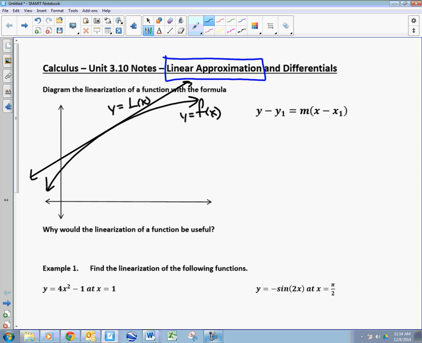Is that line the same as the curve? No. However, if I zoom in to a very close area, are they approximately the same? Every single curve may be approximated by a line so long as you zoom in close enough. We've talked about this type of theory before, haven't we? And we're going to call this A, and we'll call this right here f of A.